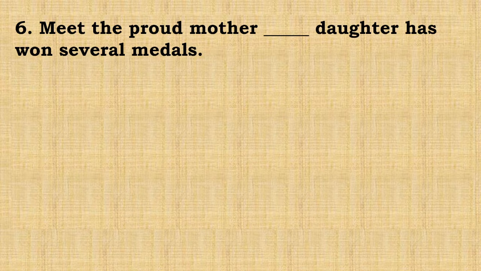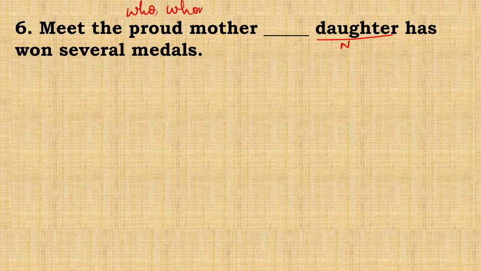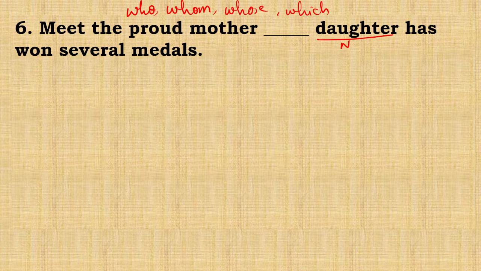Next, meet the proud mother dash daughter has won several medals. Let me underline one word here. Daughter, it is a noun form. Can you tell me your answer directly? Is your answer who? We have four options, okay? Who, whom, whose, which. Now in this blank, what is your answer?